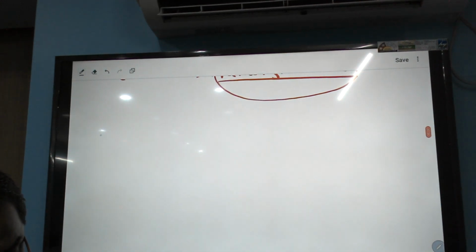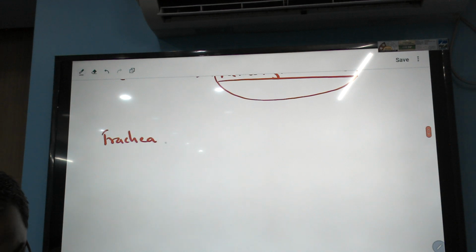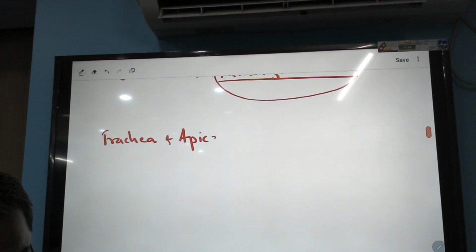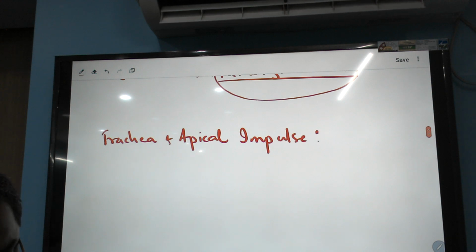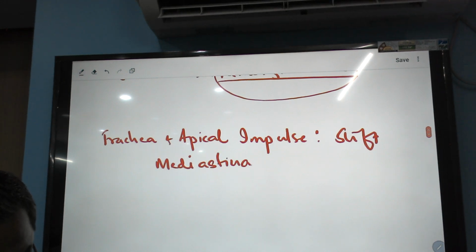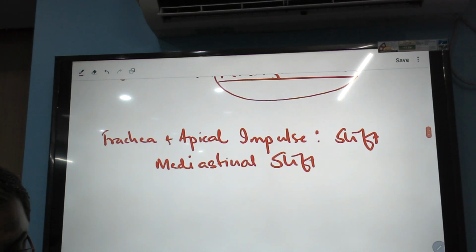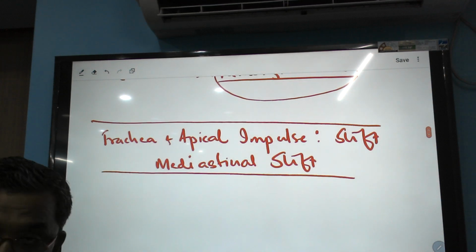Then we go to palpation, another thing which is called trachea and apical impulse. Trachea and apical impulse shift, also known as mediastinal shift. So mediastinal shift also doesn't give us a great diagnosis.